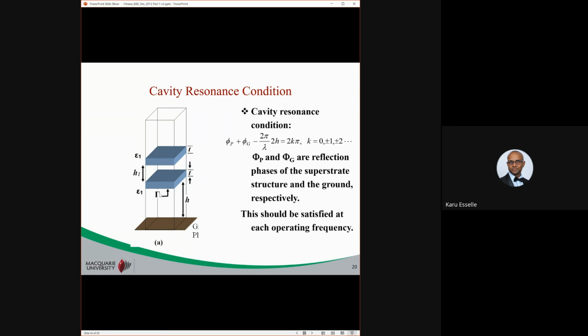This gamma is a complex number, and its angle is phi p. Then it propagates down the distance h. When a wave travels a distance h, it experiences a phase shift of 2 pi divided by lambda times h, not 2h, when it travels down. Then it is reflected by the ground plane.